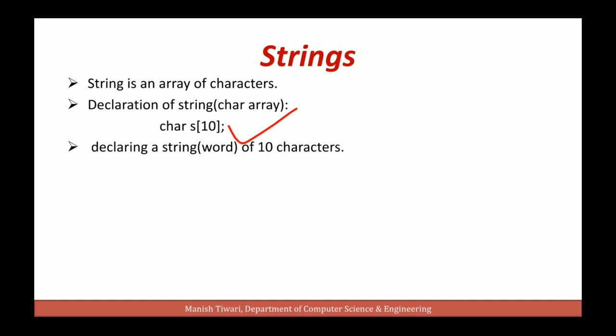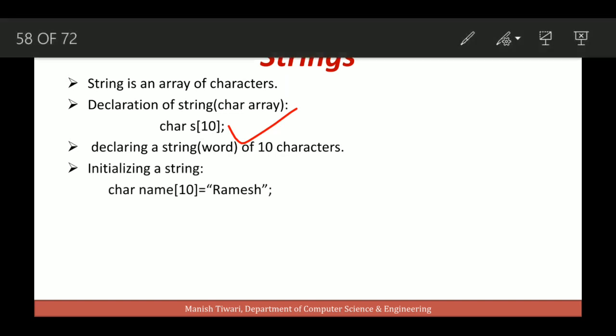So this is the declaration. And how can we initialize a string? A string will be initialized using double quotes. Here you can see a string name, which is nothing but a character array of size 10, that means it can contain 10 characters, and the value of this name is Ramesh.